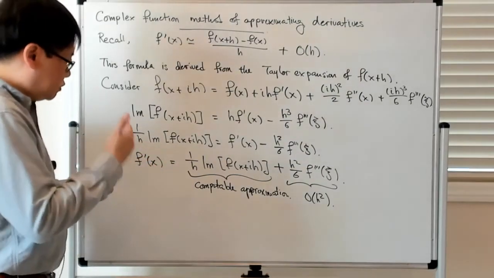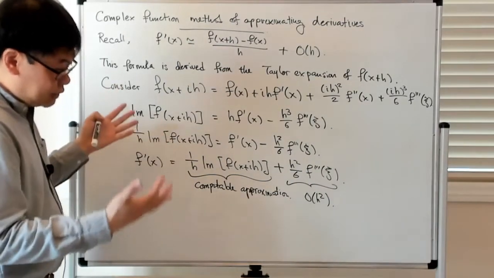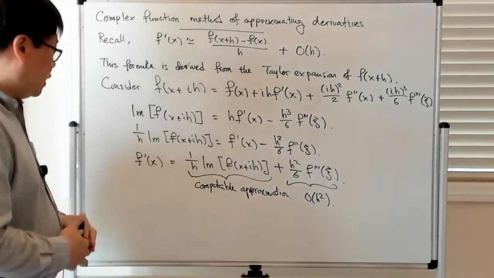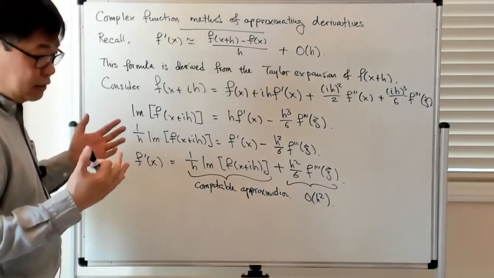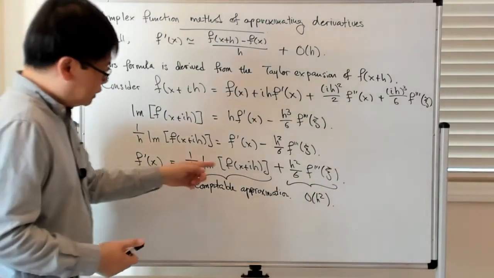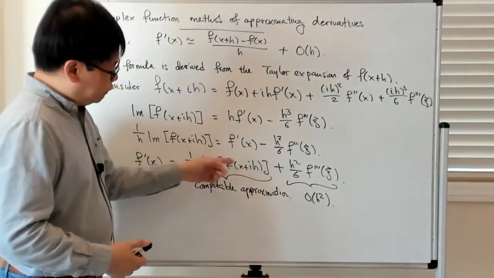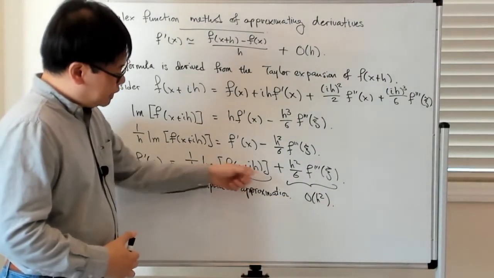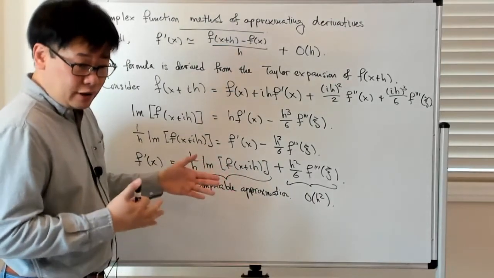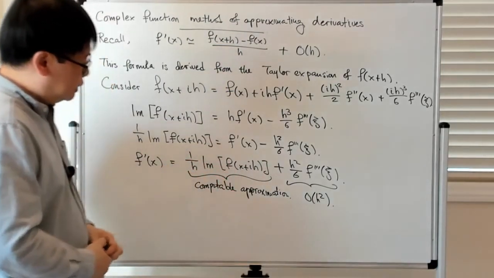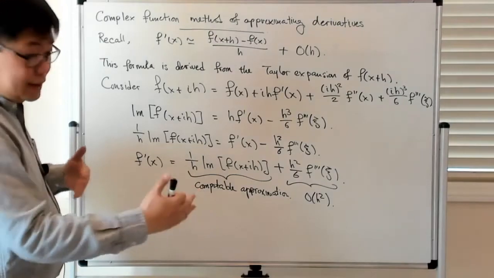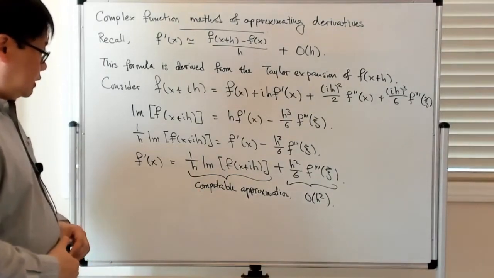So in order to compute something like the Jacobian of a vector valued function, you have to evaluate these complex evaluations of the vector valued function at a bunch of points, but that's not so hard to do in order to assemble this Jacobian.